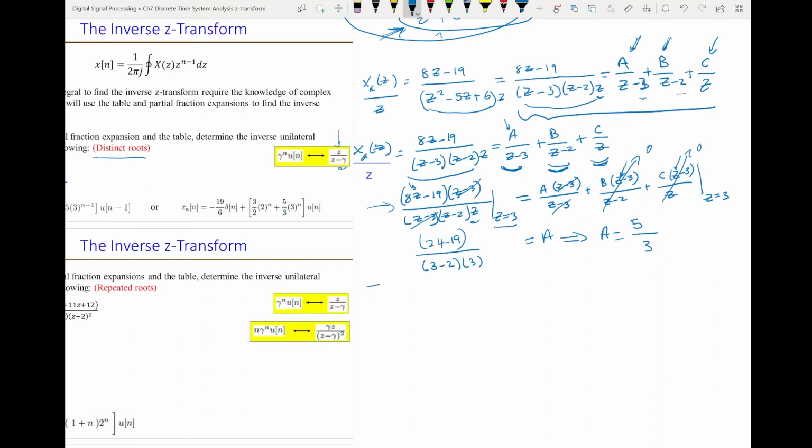Same thing, to find B, multiply everything by its denominator and then set z equal to 2. So if I do this, then this will be 8z minus 19 over z minus 3 times z. I'm not going to write z minus 2 because it will cancel since I multiply everything by z minus 2.